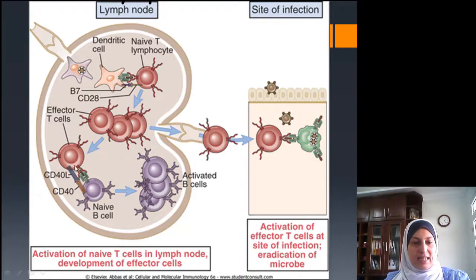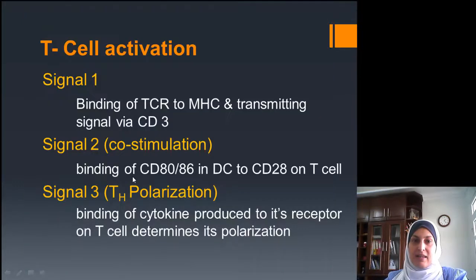It's communicating with the B cell through the CD40 present on the B cell, bind with the CD40 ligand on the T cell. Now this B cell is activated, and I have activated B cell that will go and conduct its function again at the site of infection. So this is how T cell is activated in the lymph node.